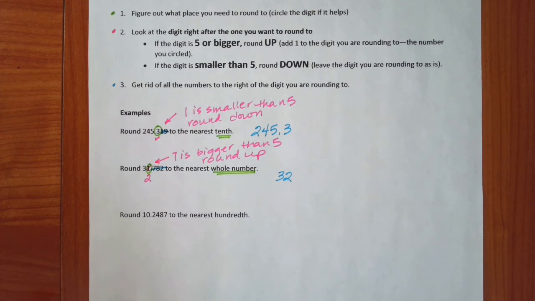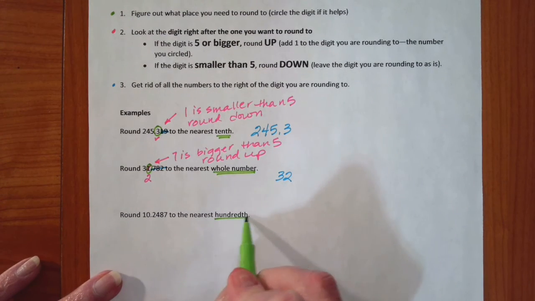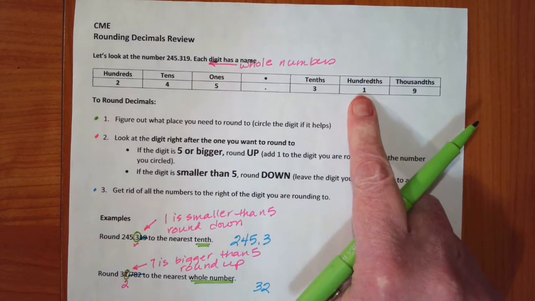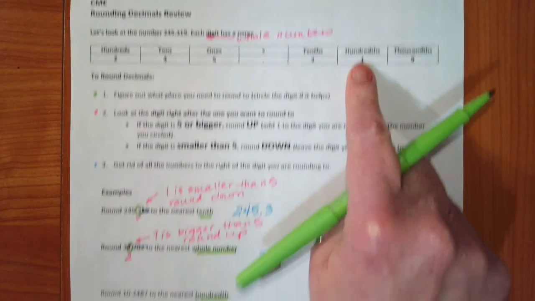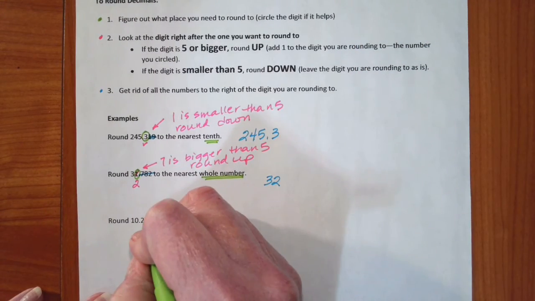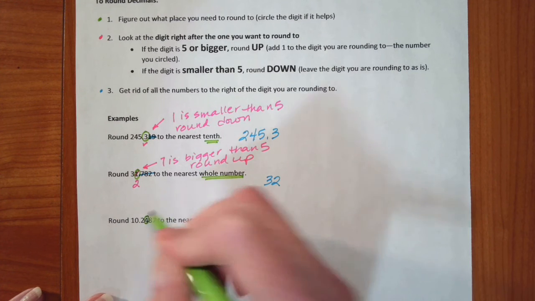Okay, last example. If I want to round 10.2487 to the nearest hundredth, hundredth is 2 spots after the decimal, so I'm looking at the 4.